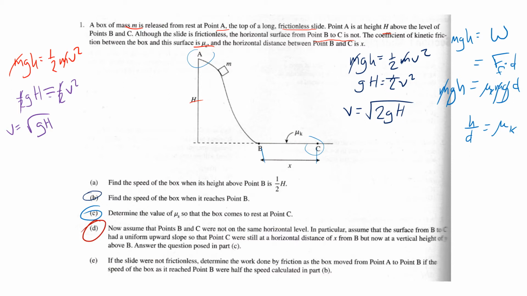Easy. Let's look at part D. Now assume parts B and C were not on the same horizontal level. In particular, assume that the surface from B to C has a uniform uphill slant, so that point C is still a horizontal distance x from B, but now at a vertical height above B. All right, so there's a uniform upward slope so that point C is at the same horizontal distance, but it's up.